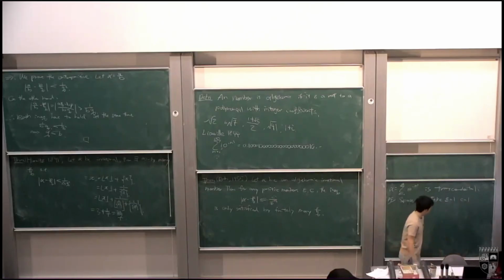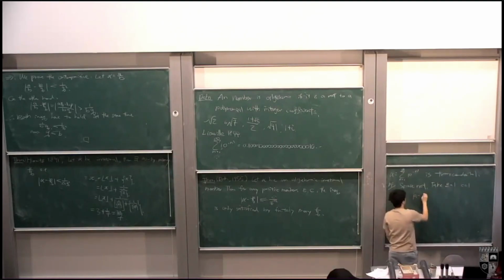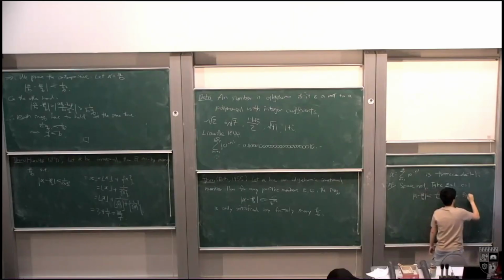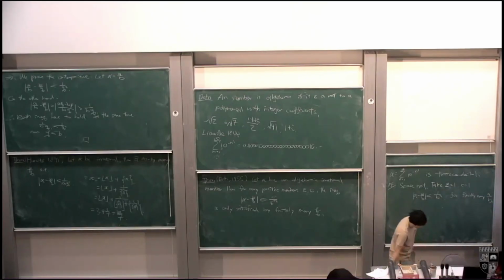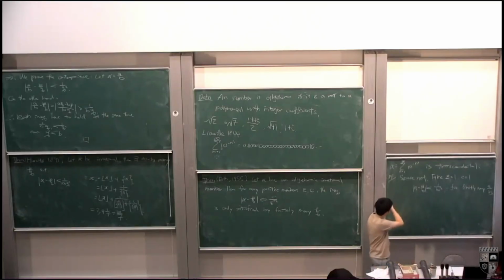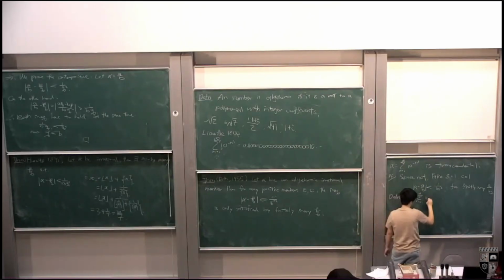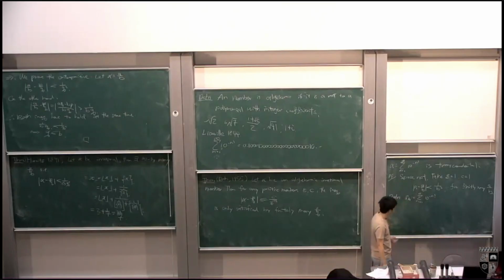So Roth's theorem says that alpha minus A over B is upper bounded by 1 over B cubed for finitely many A over B. Now we try to construct rational approximations to this and show that you can get infinitely close. So we define Rn, which is this.